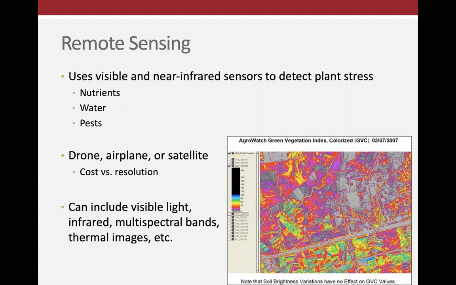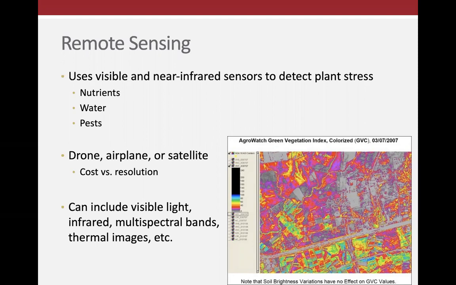There are always trade-offs versus cost and resolution. Satellite imagery is by far the most affordable, but it's also the lowest resolution. Flying an airplane over a field, you get good resolution, but it's relatively expensive. And thinking about a drone, you can get very high resolution information from a drone, but that drone's typically flown so low that it's hard to capture lots and lots of acres.